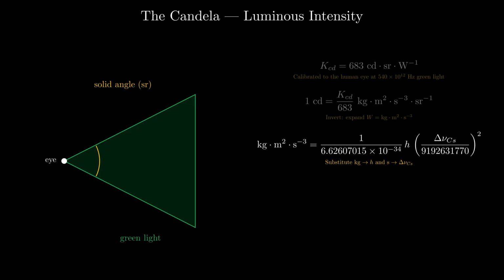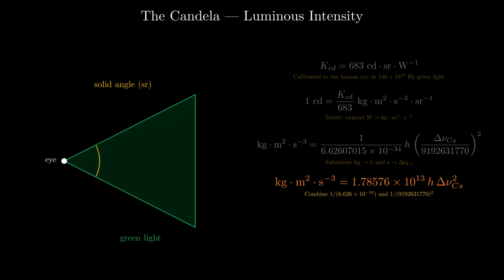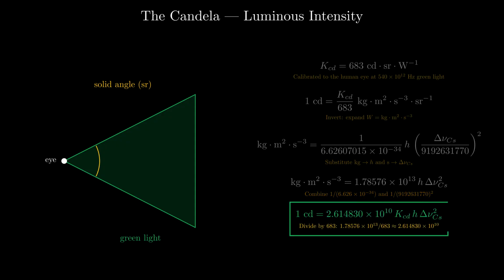Working through the arithmetic, 1 over 683 divided by 9,192,631,770 squared times 1 over Planck's constant gives a factor of about 2.6 times 10 to the 10th. So 1 candela equals 2.614830 times 10 to the 10th times K_cd times h times delta nu cesium squared.